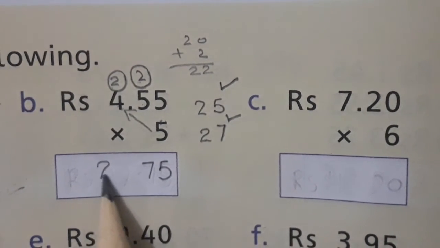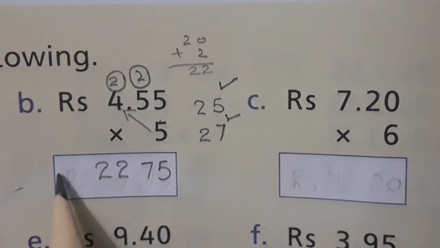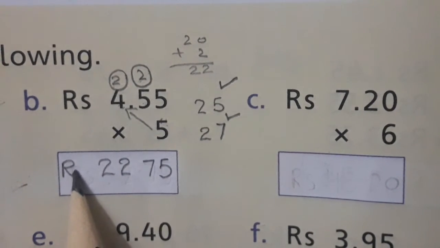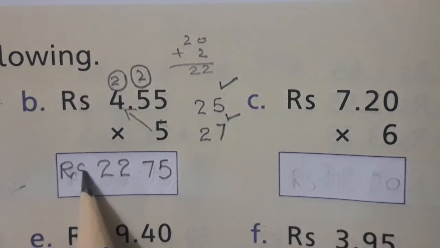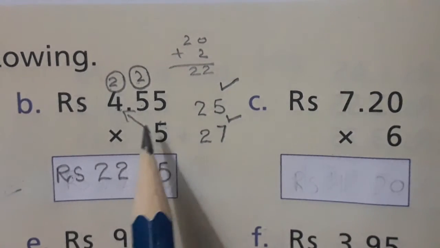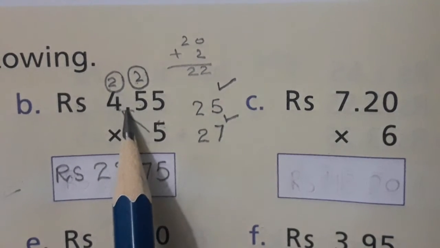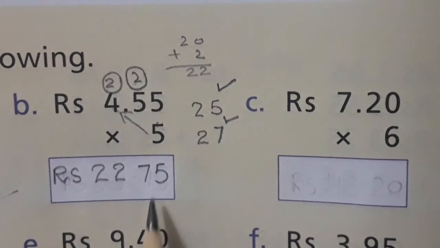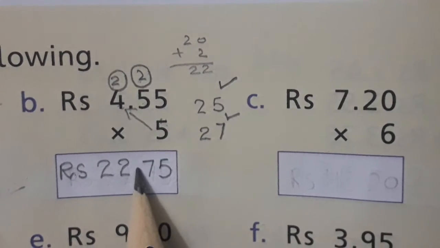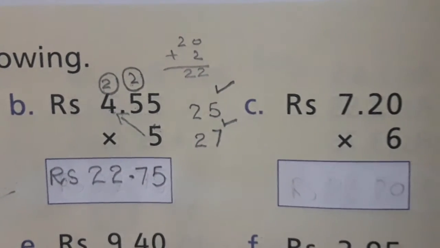So we will write the full digits over here, and in the beginning we will write rupees. Below rupees we will write the answer, and after 2 digits, 1, 2, we will put a point, right?